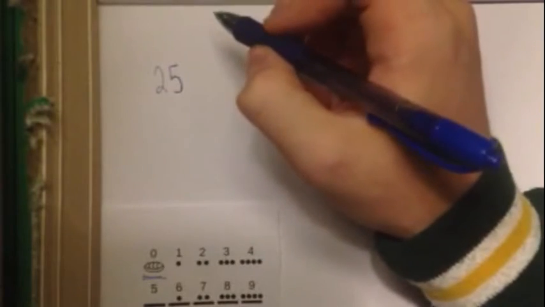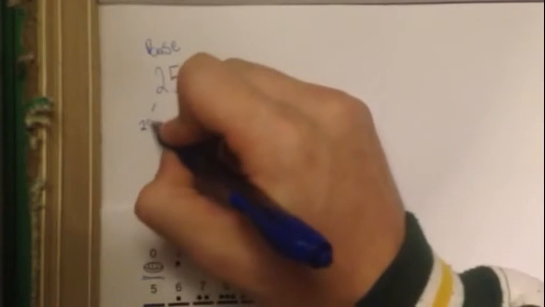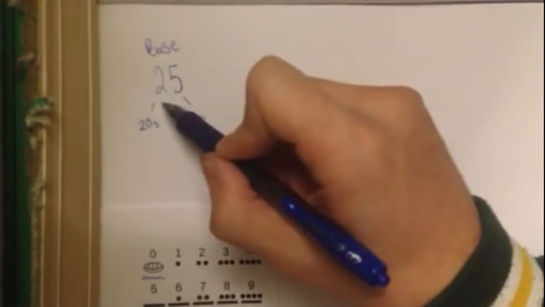So let's look at the number 25 in Hindu Arabic. This is just normal base 10 Hindu Arabic. The 5 is in the 1's place, and the 2 is in the 10's place.